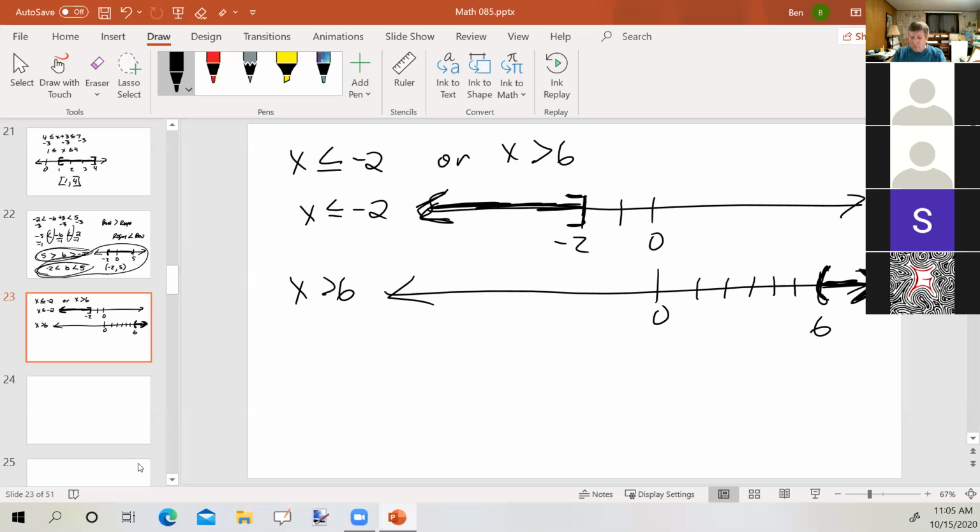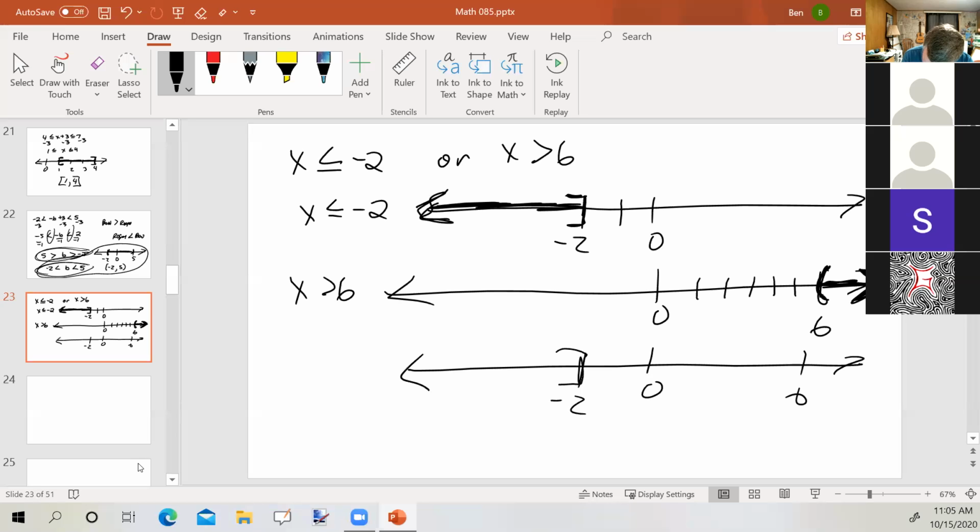Okay, why am I talking about all that? Because that's what we've got going on here. If we were to graph the solution, it would look like that.